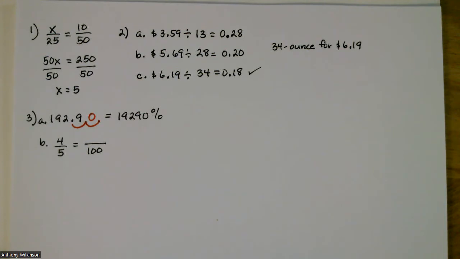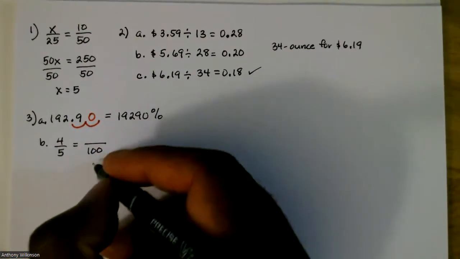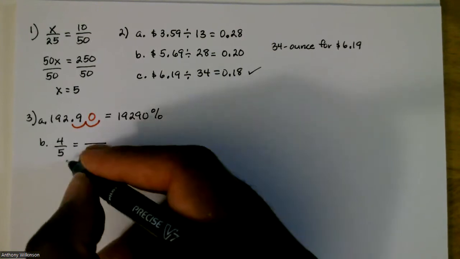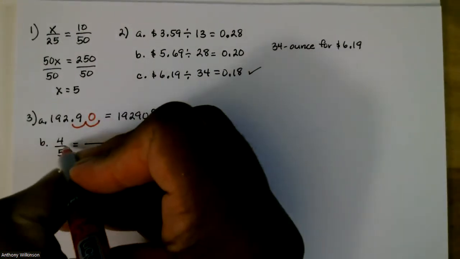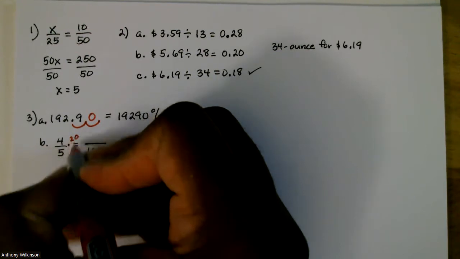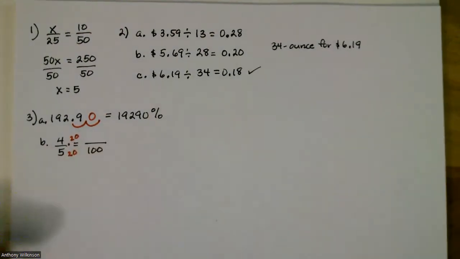And that number will be over 100, and use that and write it as a percent. Okay, because percent means per 100. So 100 will be my denominator. Now to get from 5 to 100, I need to find out how many times 5 goes into 100. And that will go 20 times. So that means I need to multiply the numerator and the denominator by 20.